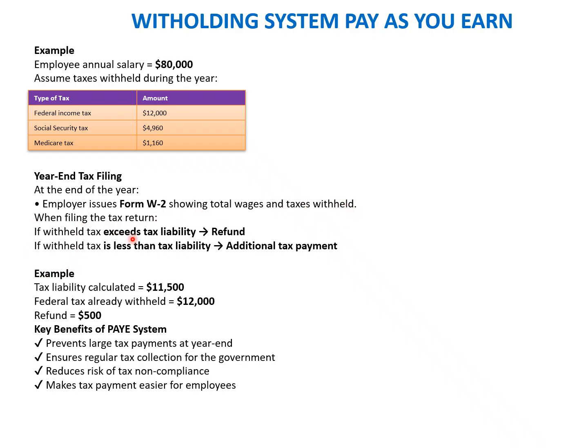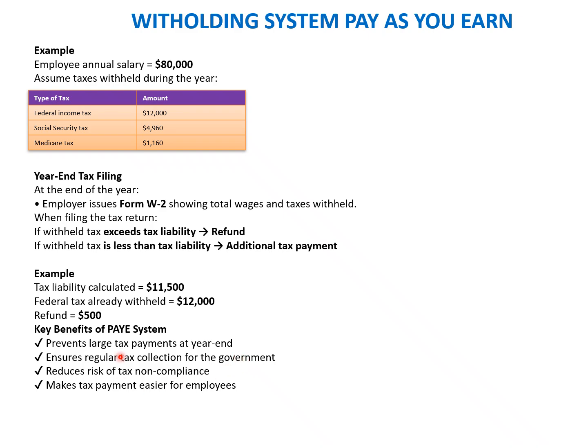When filing the tax return, if withheld taxes exceed the tax liability, then there's a refund. But if withheld taxes are less than the tax liability, then additional tax needs to be paid by the employee. For example, tax liability is $11,500. Federal tax already withheld is 12,000. Refund is 500.